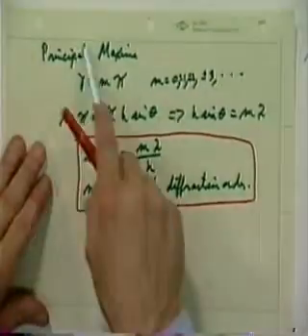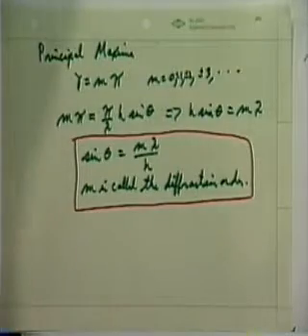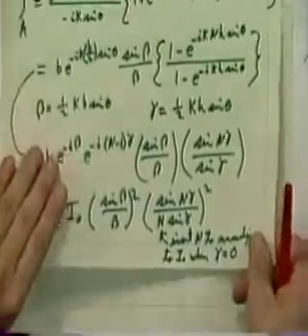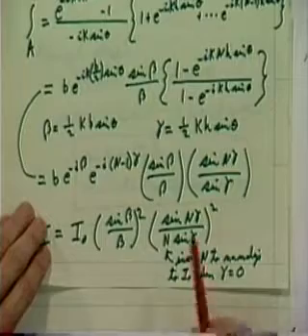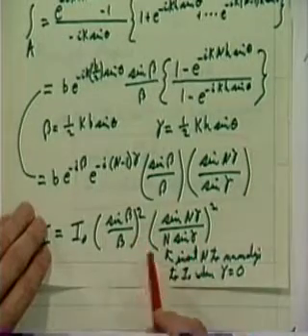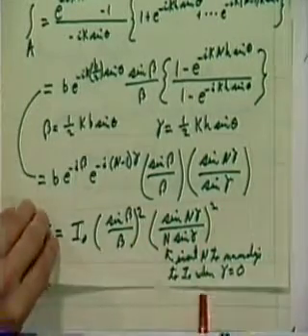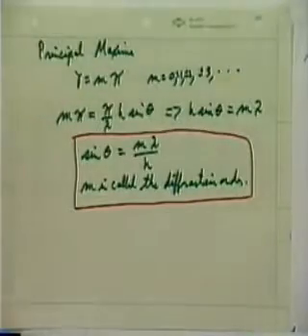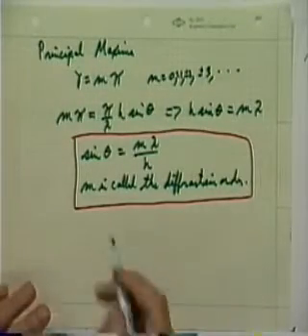Well, I said these are the principal maxima, and if we go back and bring down this equation again, what we're going to do here is play around and find what we'll call secondary maxima. And these secondary maxima occur in the following condition.